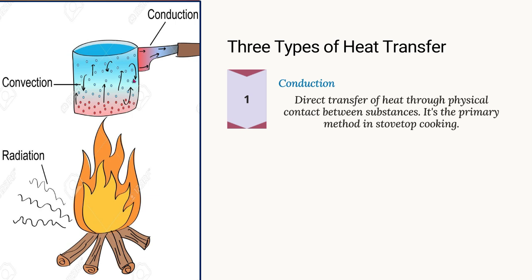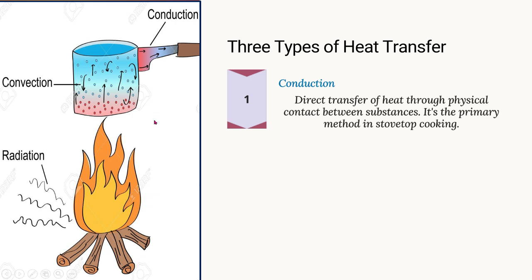So here you can see the metal is getting heated and slowly the heat is transferred to this part of the metal also. It's the primary method in stove top cooking. So that is known as conduction.